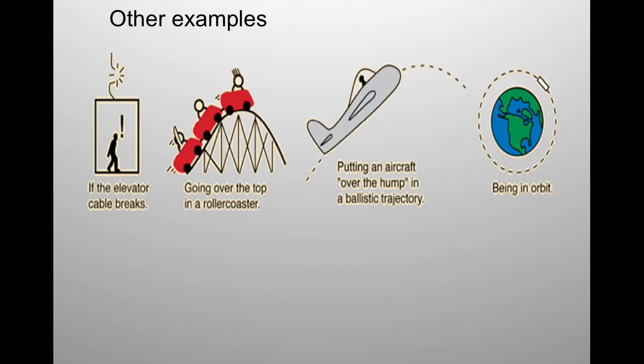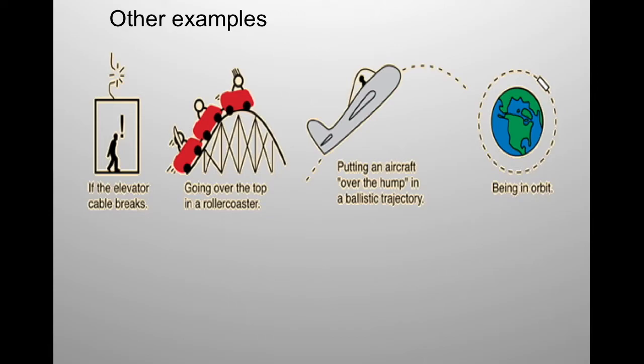Here are some other examples. You've probably experienced this. Hopefully you've never experienced the first one. If the elevator cable breaks, you would feel weightless. Going over the top of a roller coaster, this part right here, because both the roller coaster car and you are falling, the roller coaster cannot push up on you.